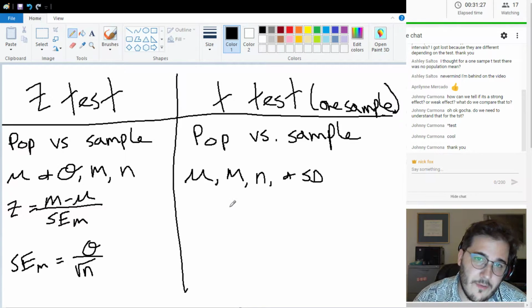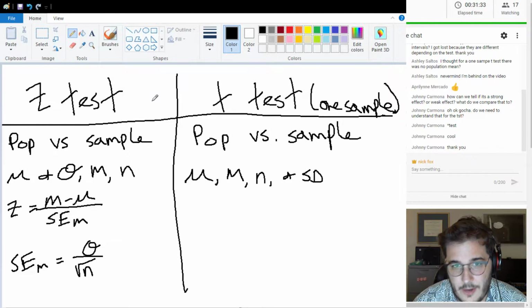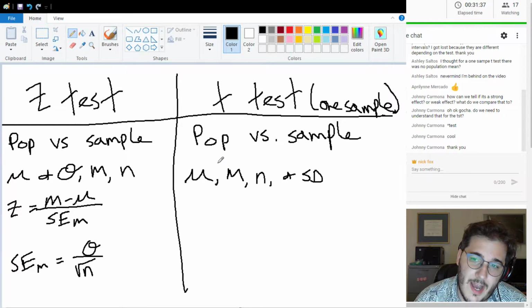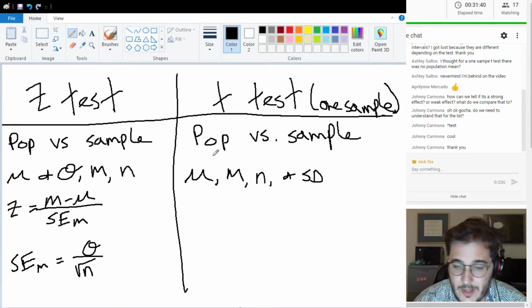So for a one-sample t-test, you're saying, I don't have sigma. Too bad. I wish I had sigma, but I don't. So what can I use instead of sigma to try and figure out if I have some abnormally tall or abnormally short class? So you wind up using the standard deviation of your sample because that's what you have on hand. If you had sigma, you would use it, but you don't.